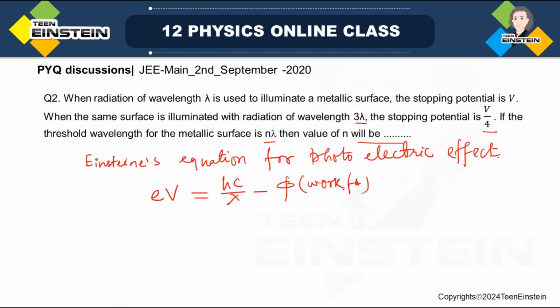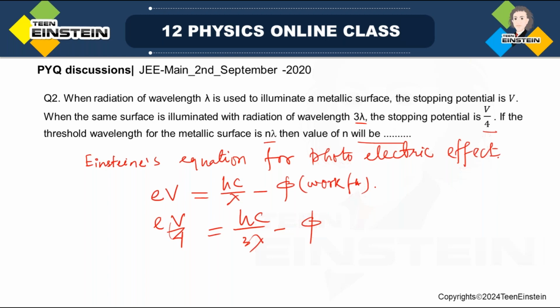This is for the first wavelength lambda. When the wavelength is increased to 3 lambda, the stopping potential becomes V by 4, so hc by 3 lambda minus phi. The work function is a material property, the same for everyone.